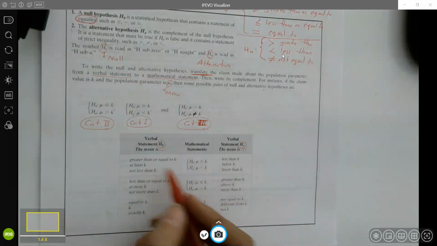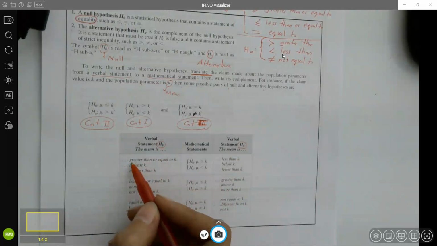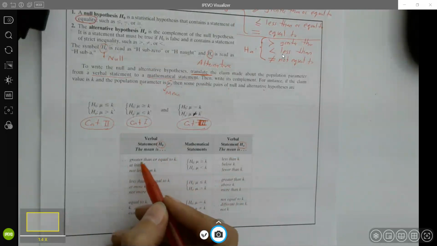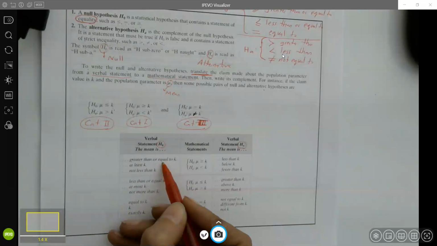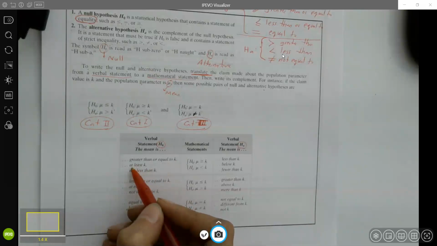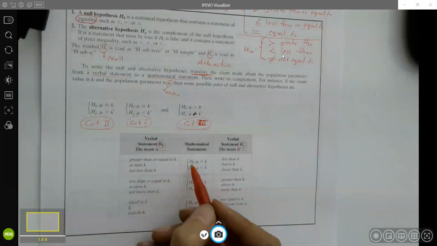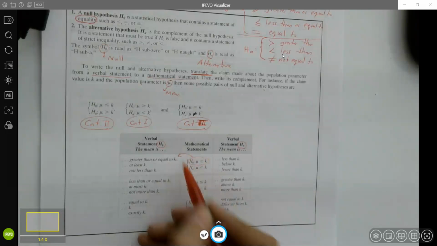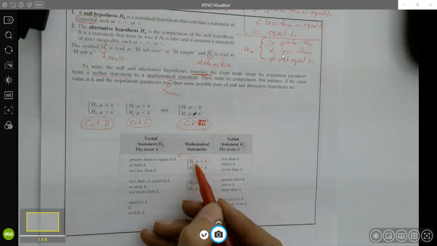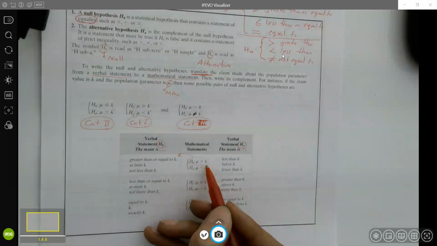So if you have an example, and you see keyword greater than or equal to, at least, not less than, it means that your null hypothesis is given and it says mean is greater than or equal to K.